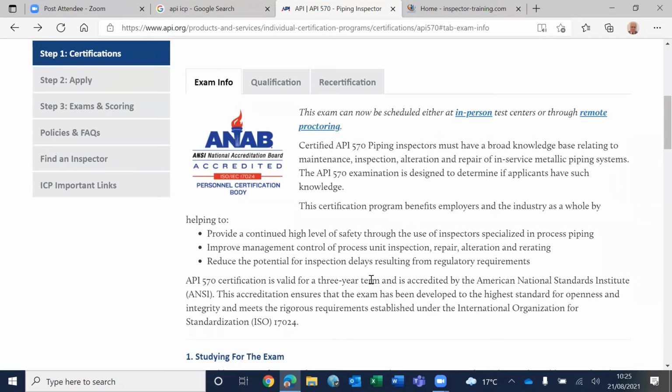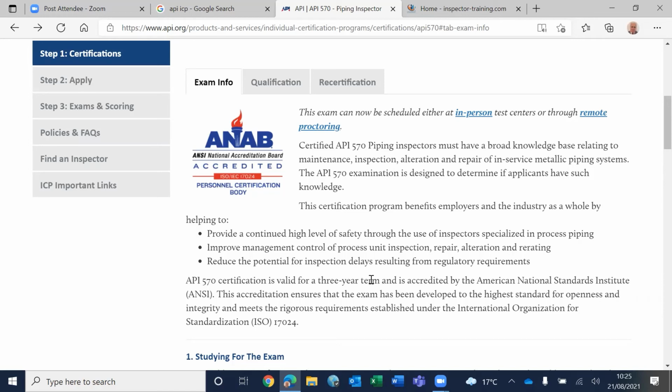You should know about NDT. You should know about the most common damage mechanism or corrosion. You should know about inspection side of the B31.3 process piping, and then obviously 570 and 574, piping inspection code and inspection practice.